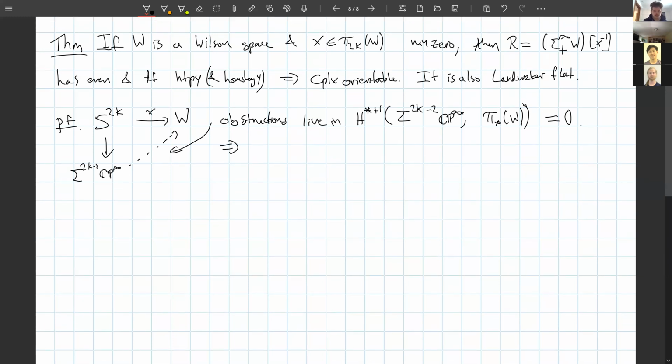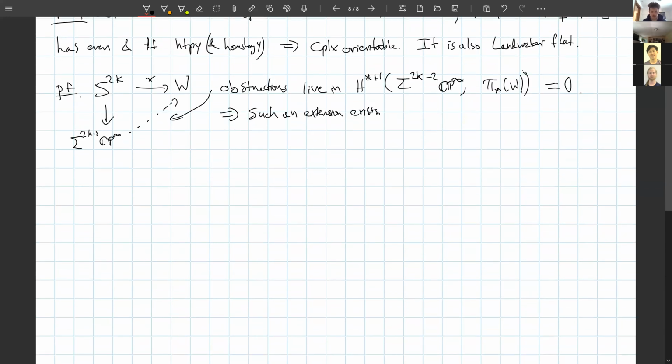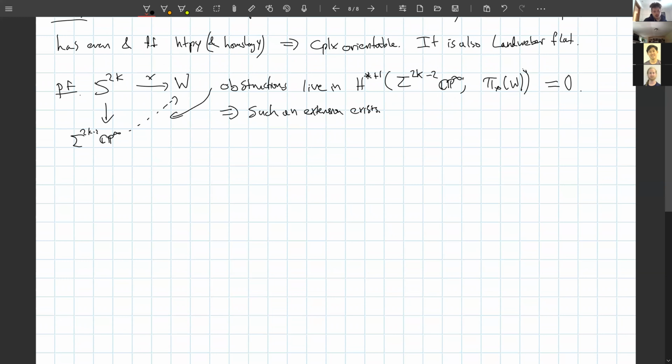So at least one, probably a bunch of such extensions exist. We're not going to construct a particular complex orientation; we just show that they exist. So now I have a map from suspension 2k minus 2 CP infinity to W, and its restriction to the 2k skeleton is X.